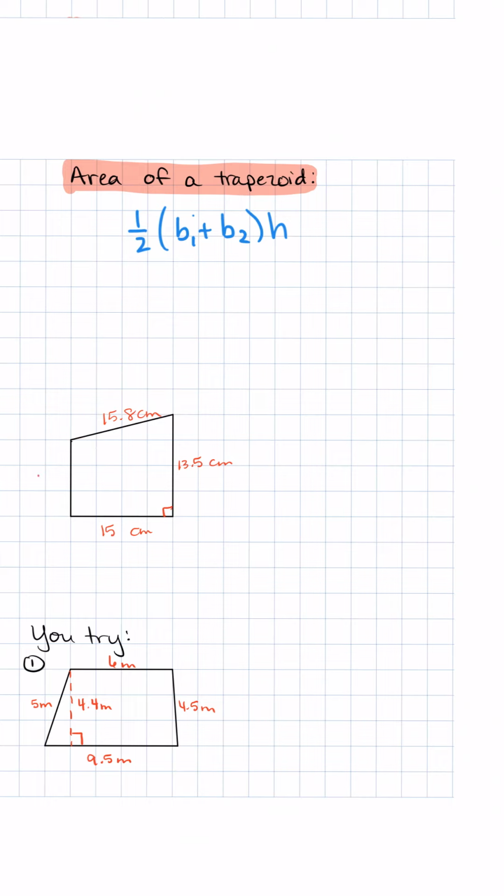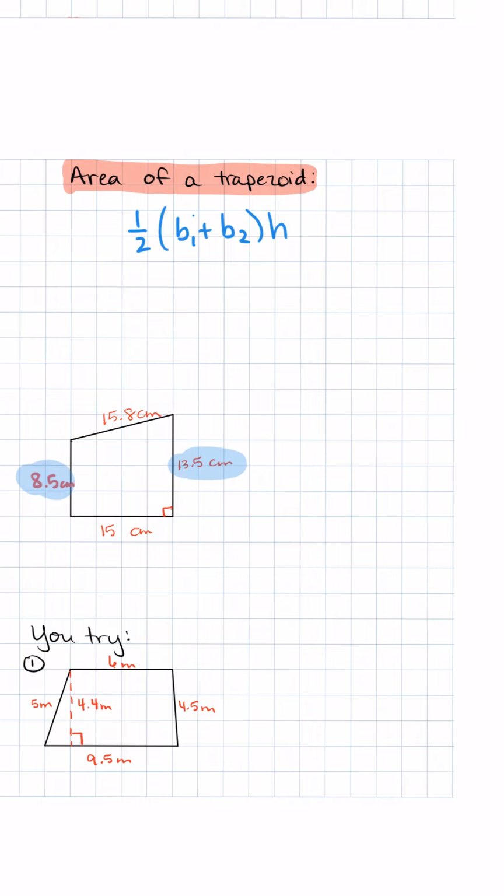Sorry about that, guys. Put 8.5 centimeters here. We want the two flat sides that are parallel to each other, so we are going to take 8.5 as base 1 and 13.5 as base 2.